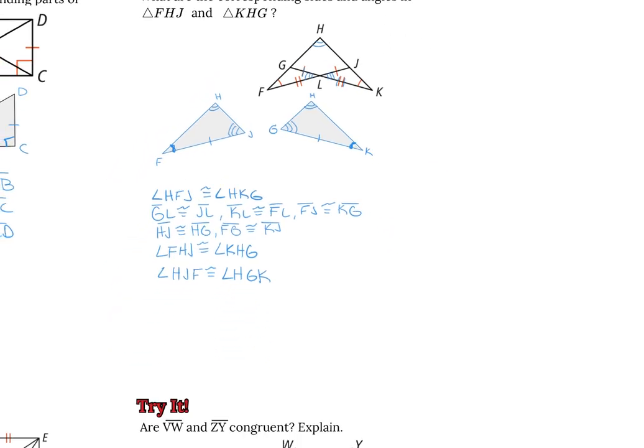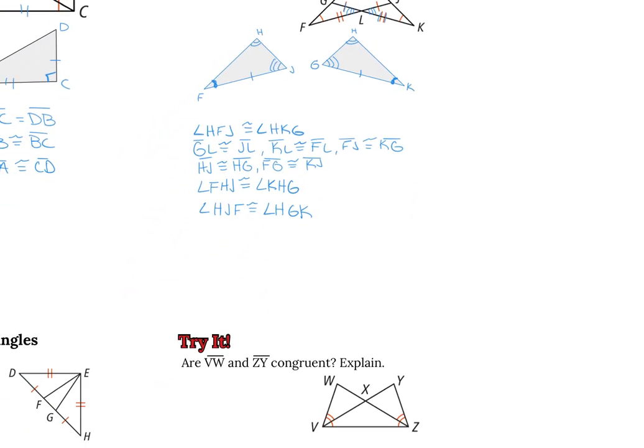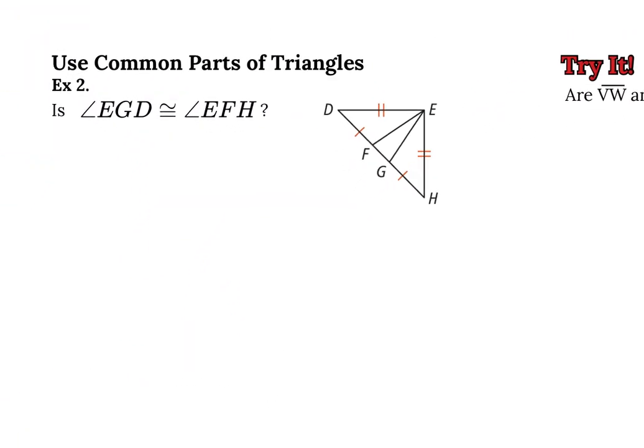Okay. All right, example 2 is angle EGD congruent to angle EFH. So EGD, this one, we're trying to prove if it is congruent to EFH. So we're trying to prove those two congruencies.